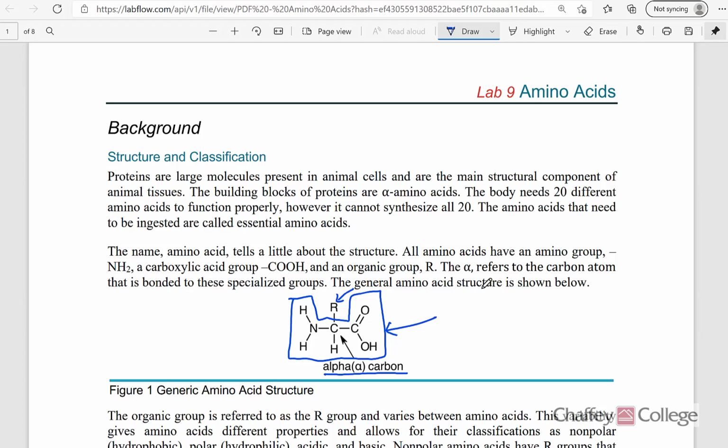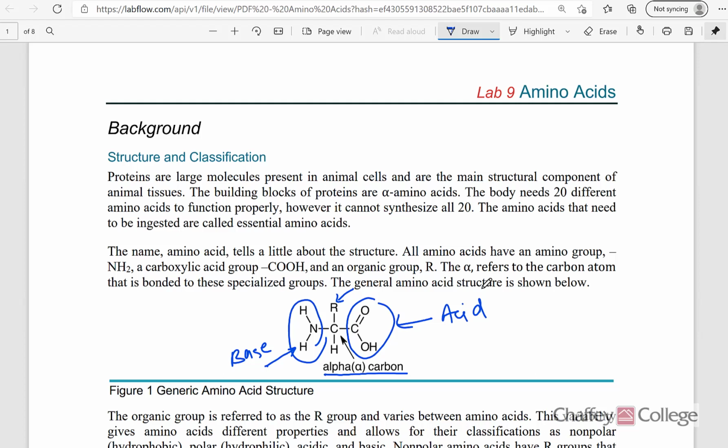In organic chemistry, we learned that the amine group is a base or a basic group, and the carboxylic acid or carboxyl group is an acid group. As such, in this form, amino acids are neither base nor acid because the base and acid groups kind of neutralize each other out.